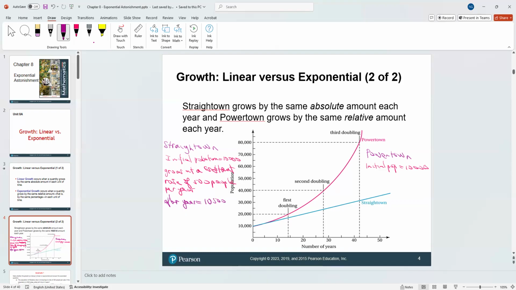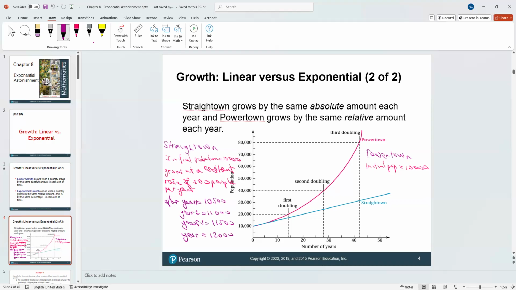After year two, another 500, that makes it 11,000. After year three, it would make it 11,500. After year four, and so on, every year it goes up by 500.